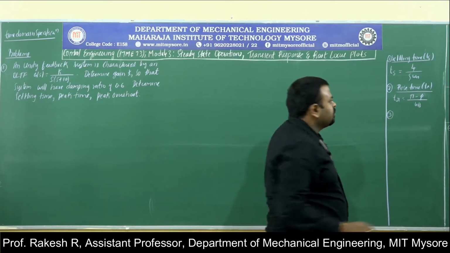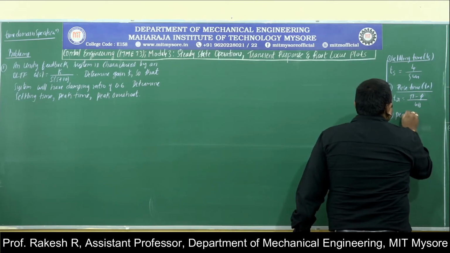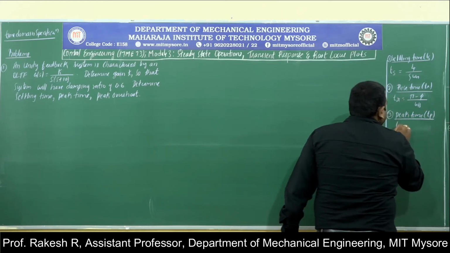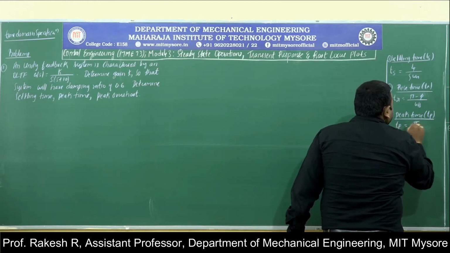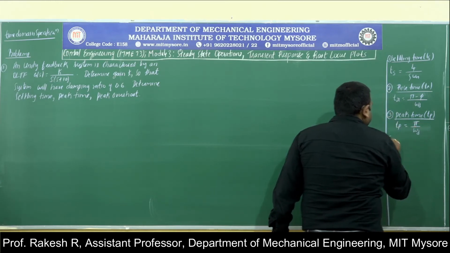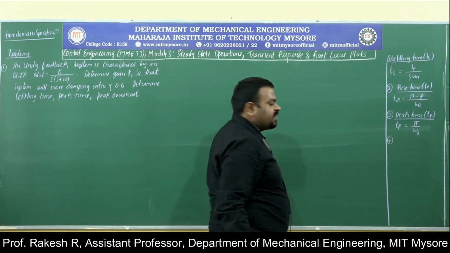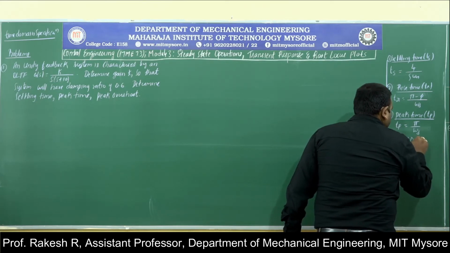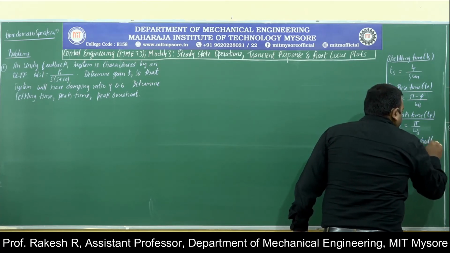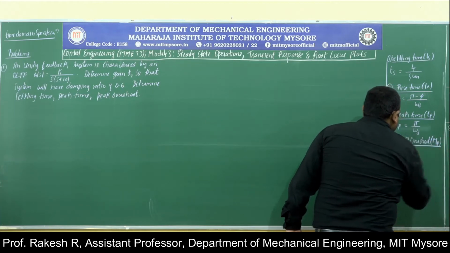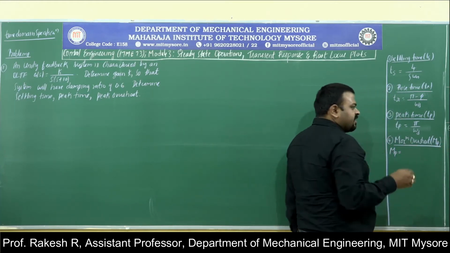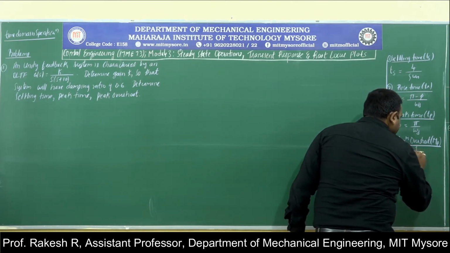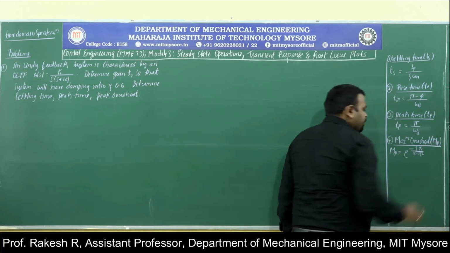After that, we have studied peak time, T suffix p. Peak time is given by pi divided by omega d, where omega d is the damped natural frequency. And maximum overshoot, which is denoted by MP, is defined as e to the power of minus zeta divided by square root of 1 minus zeta square into pi.